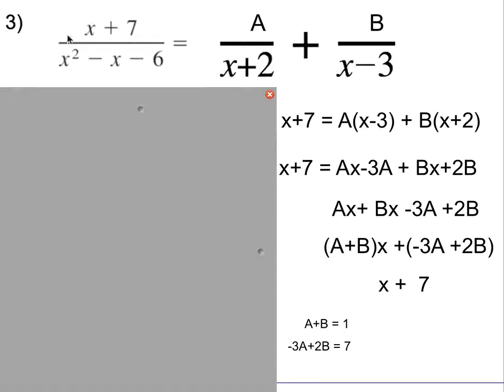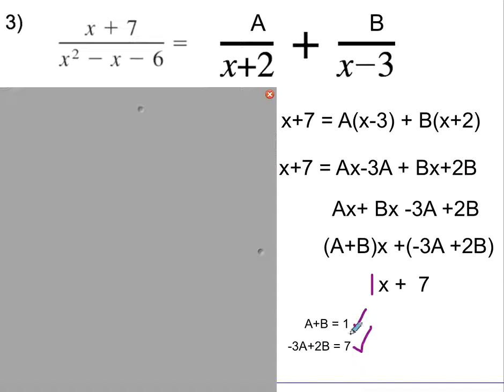The x plus 7 I'll write underneath, so there's not a 0 in front of the x, there's actually a 1. So if we put a 1 in front of the x, we can now write this equation: a plus b equals 1, and negative 3a plus 2b equals 7.